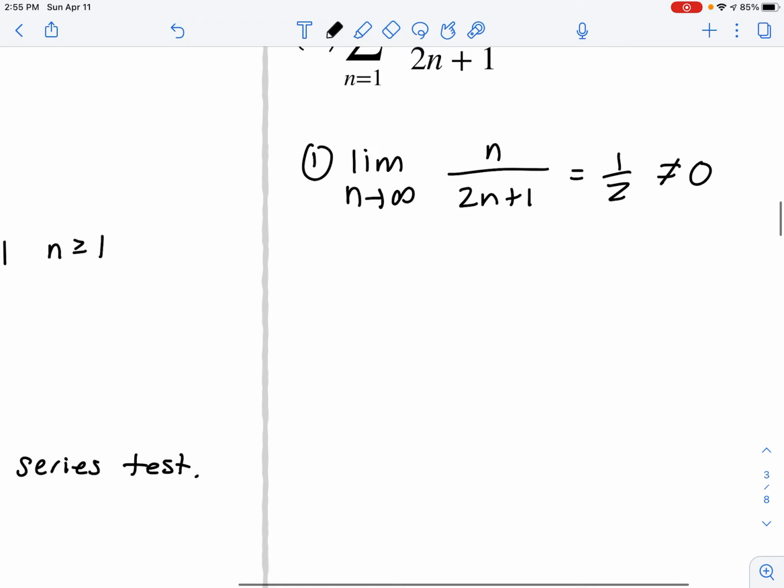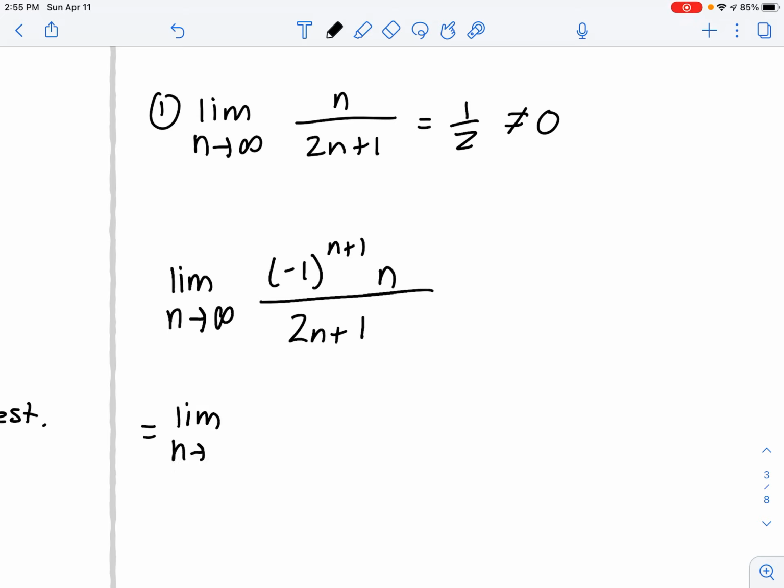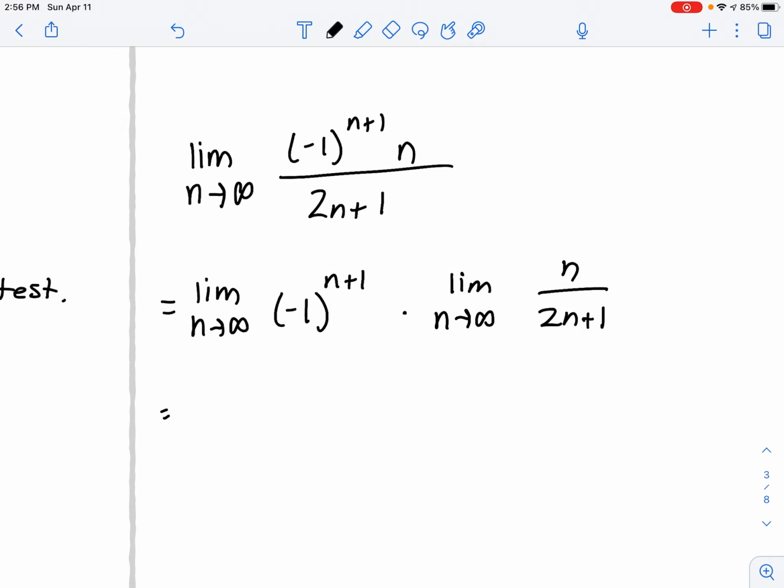So instead, let's look at, okay, what's the limit as n goes to infinity of the whole thing? So the limit we know of this part, I can split this up using my limit properties: -1 to the n plus 1 times the limit as n goes to infinity of n over 2n plus 1.